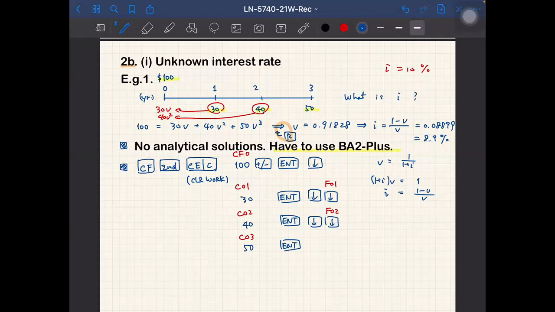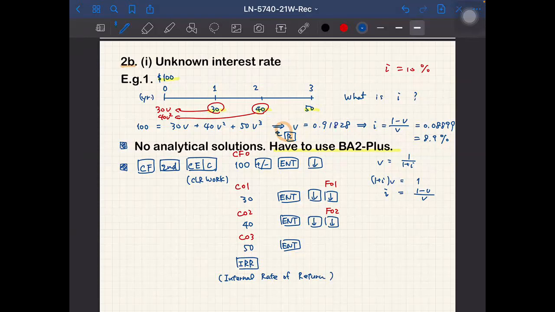Now that we have entered all the information, we want to calculate the interest rate. That is called the internal rate of return. So this is the IRR key. It calculates the implied interest rate i.